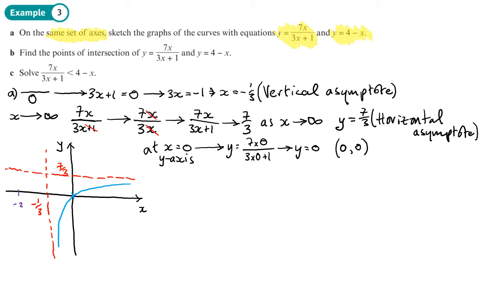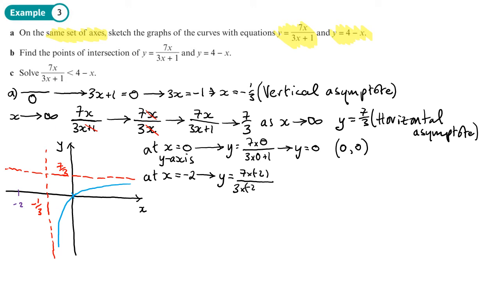So let's say at x equals minus 2, what do we get? We get y equals 7 times minus 2. Now I've just chosen minus 2. You could choose minus 1, for example. Some number that's on the left-hand side of the vertical asymptote, and choose a nice easy number.